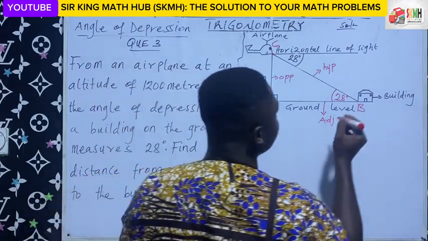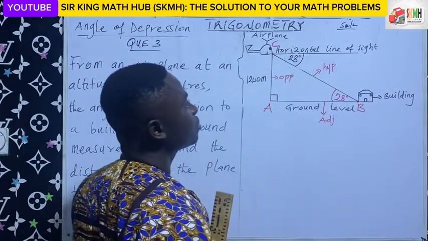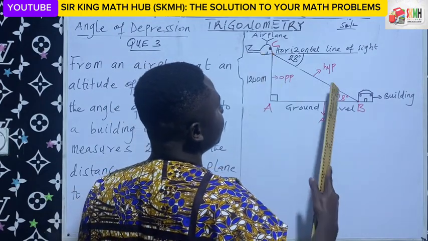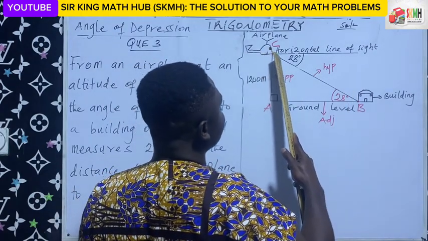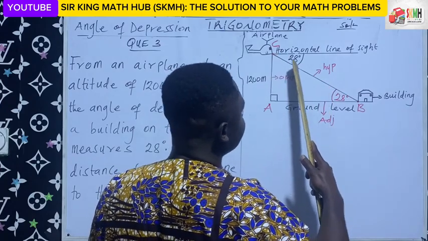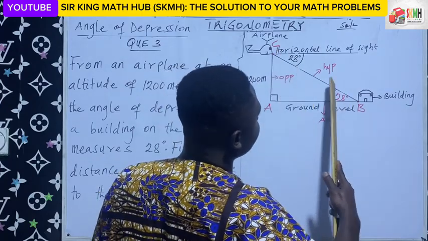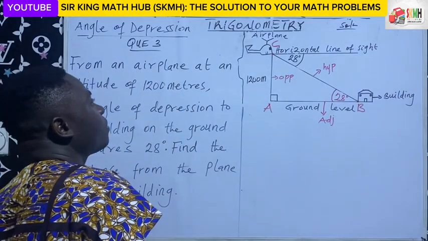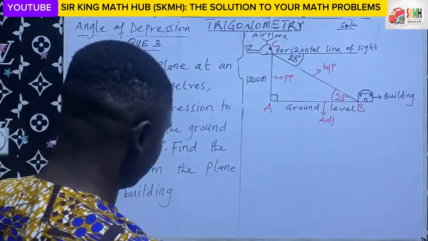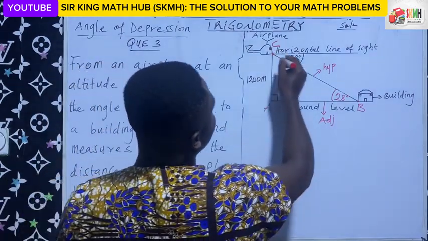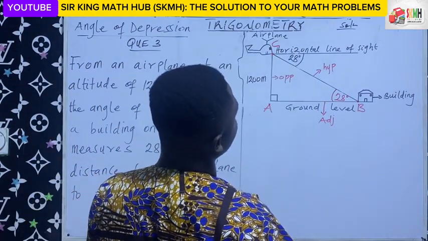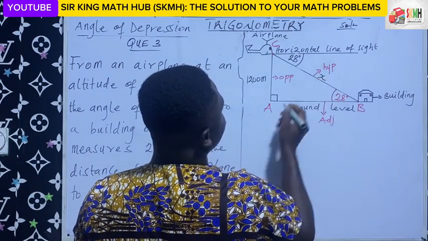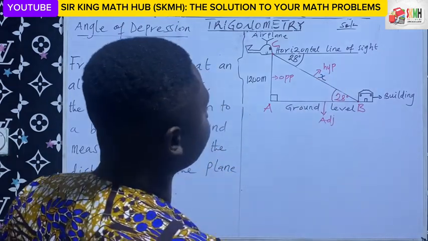Where is the building? This is the building. So the distance between the plane and the building, so this line here represents the distance from the plane to the building. So I'm representing this distance here as x.